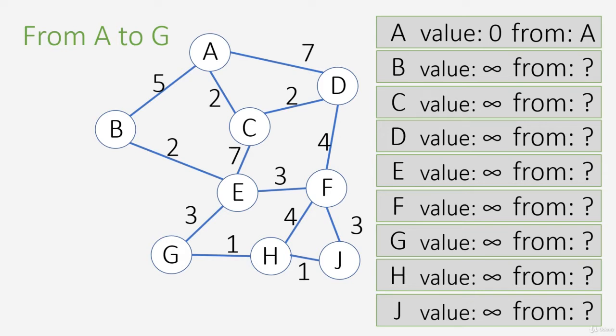We are starting in A, and we also have a priority queue of nodes where we keep track of how much time it takes to get to a particular node. At the beginning, all nodes have infinity because we haven't got to any of those nodes yet. And what does Dijkstra do?